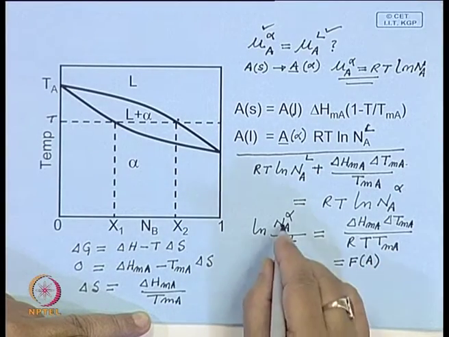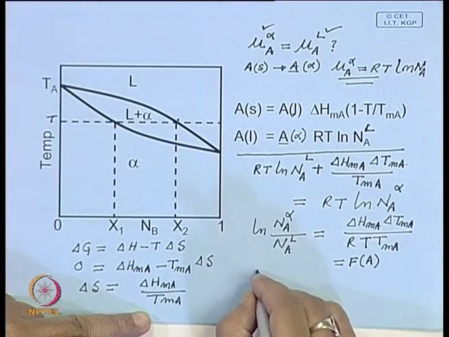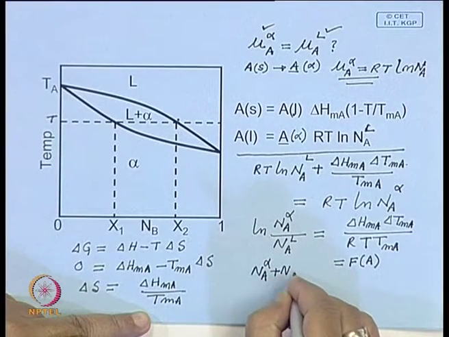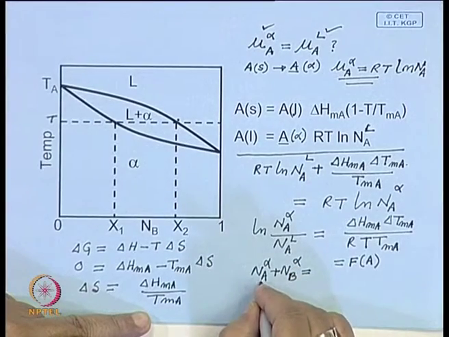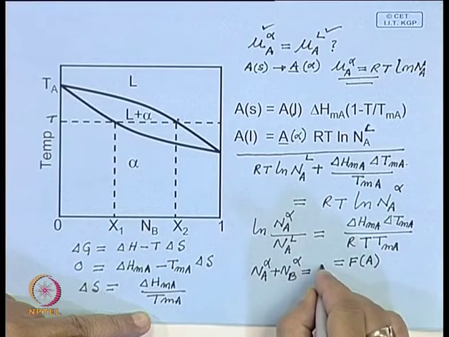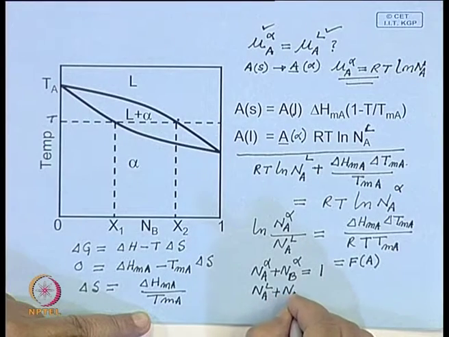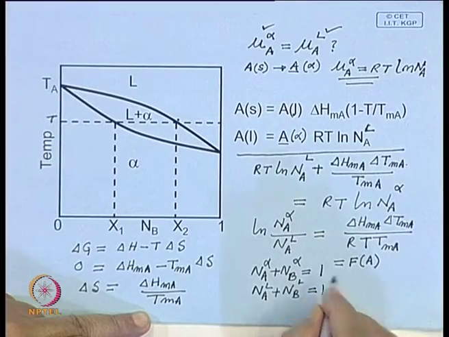And we also remember that in any of these phases, N A alpha plus N B alpha, these atom fractions of A in alpha and B in alpha, equal 1. Similarly, N A L plus N B L also equal 1.